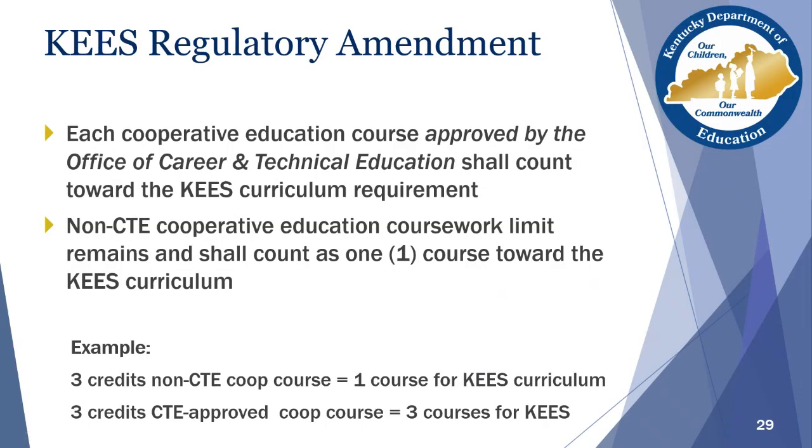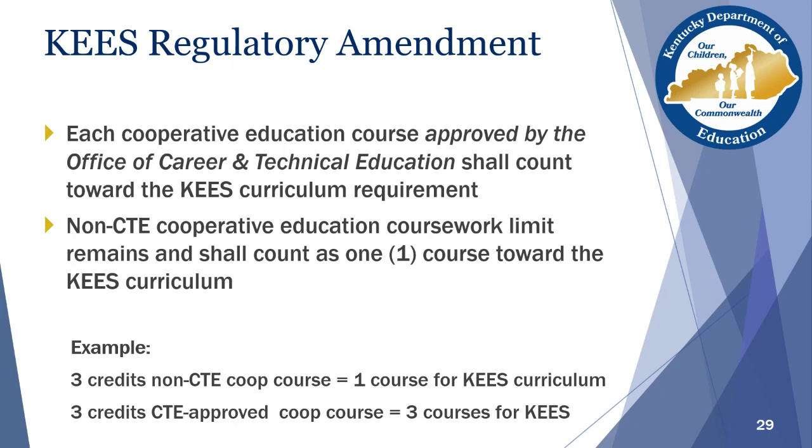Let's talk quickly about Keys money. There's a couple changes that actually came out last year. I just wanted to kind of reiterate this. So co-op now can actually access Keys money. It used to be that co-op students, if they did 3 credits of co-op, they would just get 1 course, or 1 credit towards Keys money.